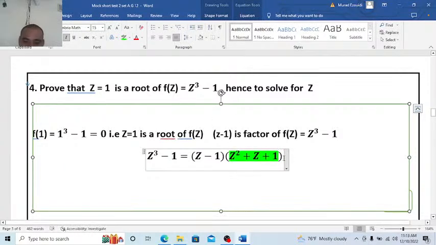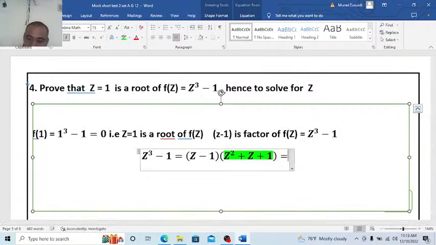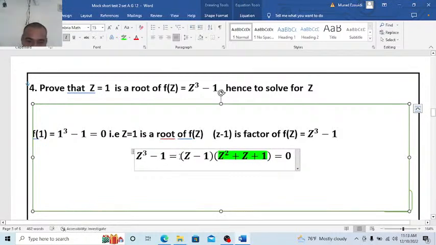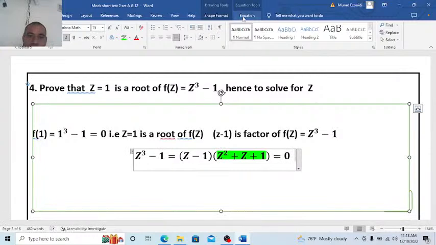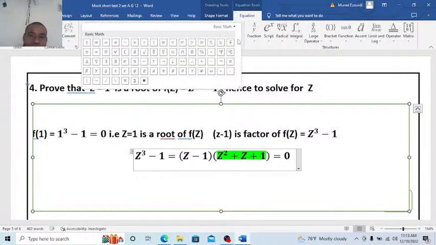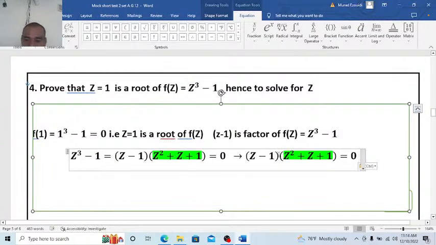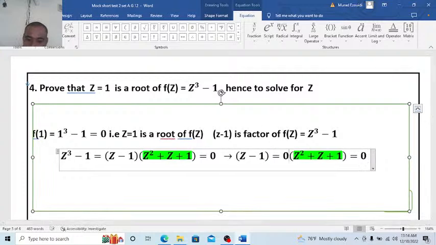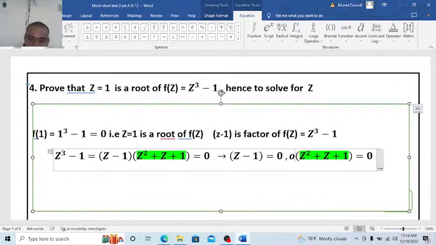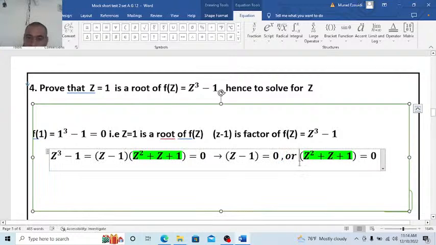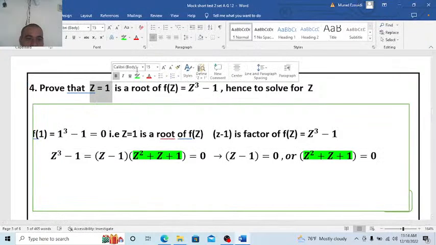So this equals 0, learners, which means this factor equals 0 or that factor equals 0. This one is solved here: z equals 1, so z1 is a root.